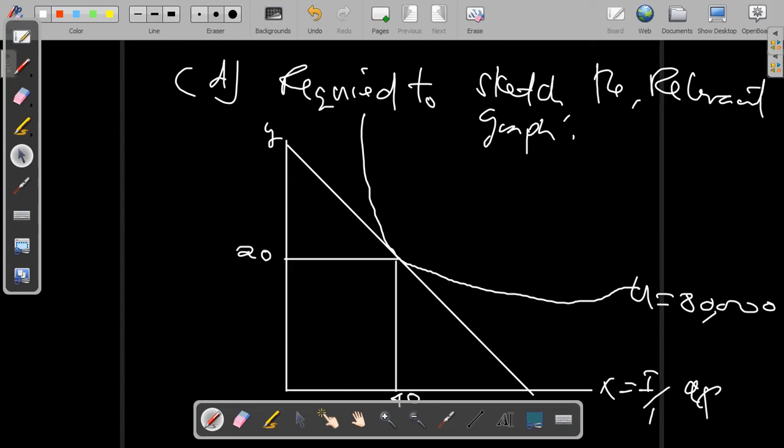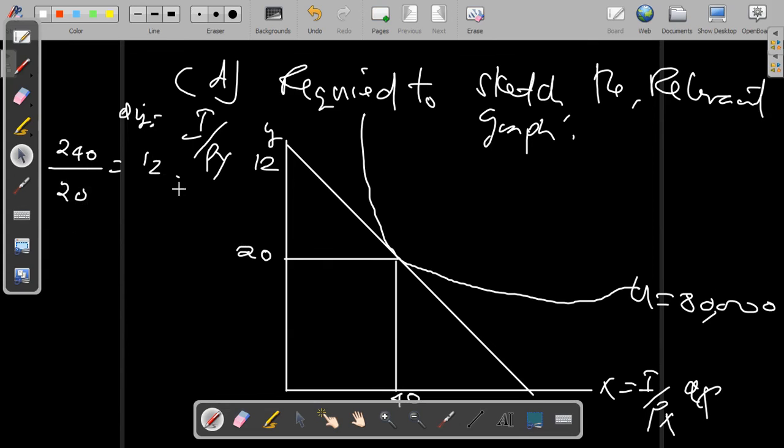And here the quantity of x is given by I over px, and the y-axis is given by I over py. Since our income is 240, now divide by the price of y, that is 20. You'll obtain the quantity of y on the upper side. So this will give out 12, as you observe.